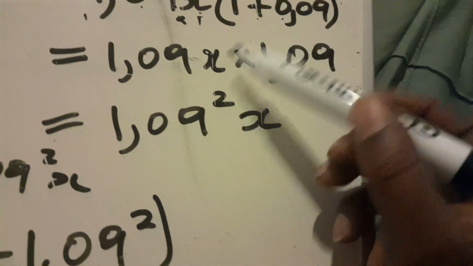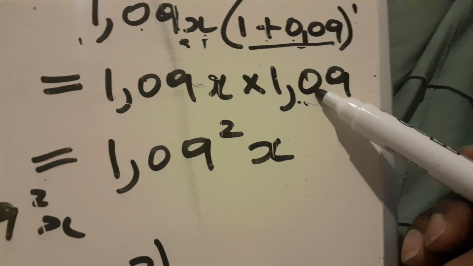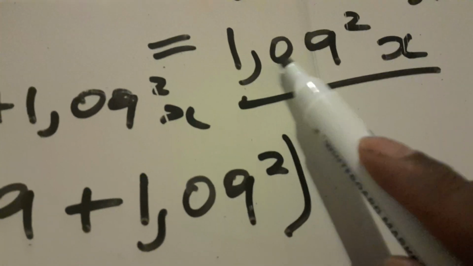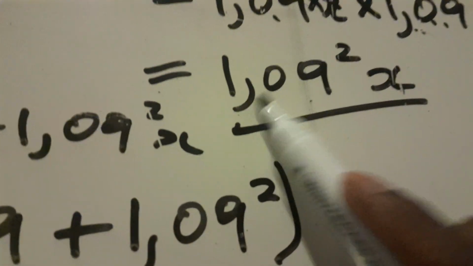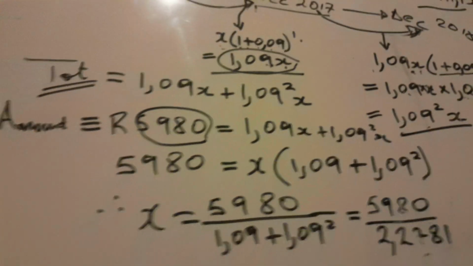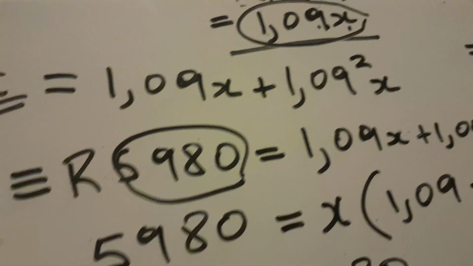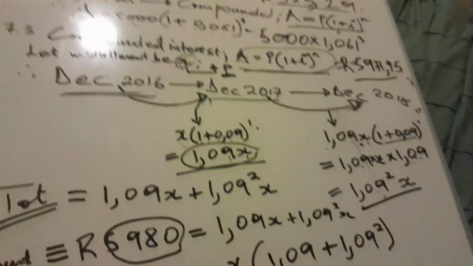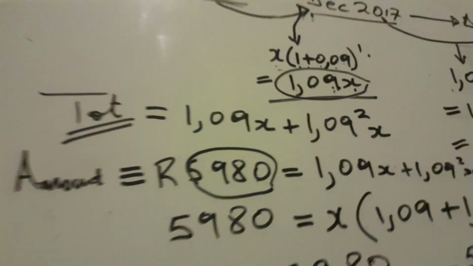Simplifying this, 1.09 times 1.09 times x gives me 1.09 squared x. You can calculate it in the calculator, 1.09 squared. Then, looking at the whole picture, the sum of these amounts that have accumulated should be 5,980 by December 2018.